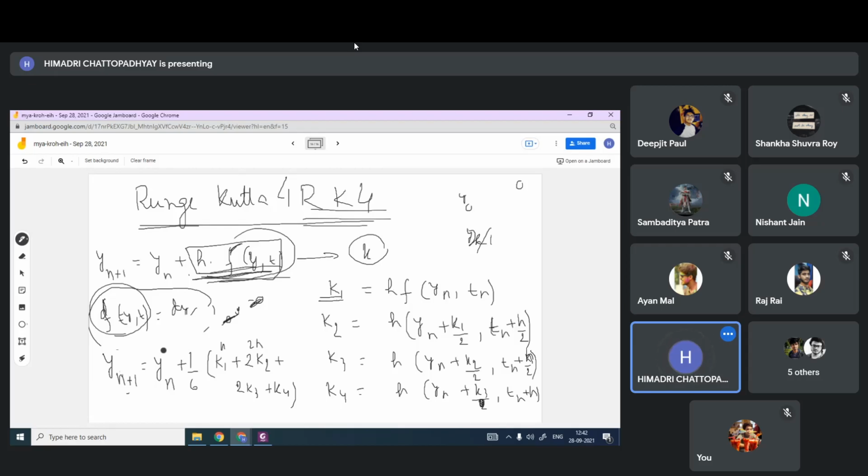So h plus 2h is 3h, plus 2h is 5h, plus h is 6h. So I have taken 6 times h, so I divide by 6. Then I calculate the change in y, so I add them. This is like a weighted average. So the weight of k1 is 1/6. You know what a weighted average is? Do you know?